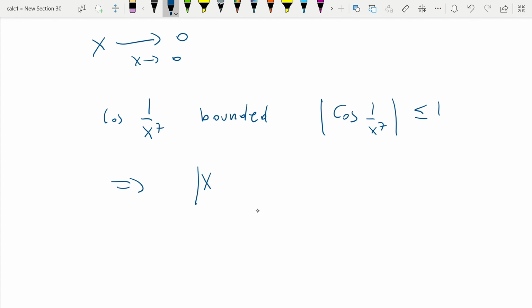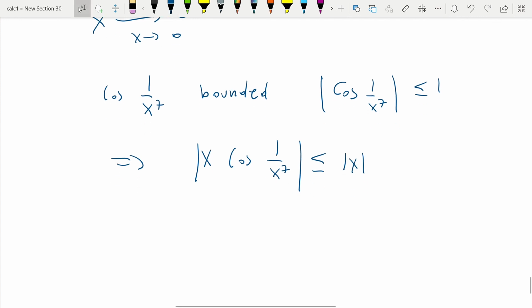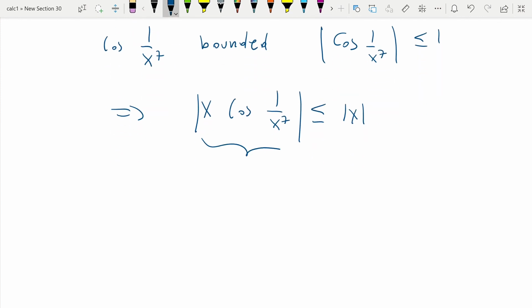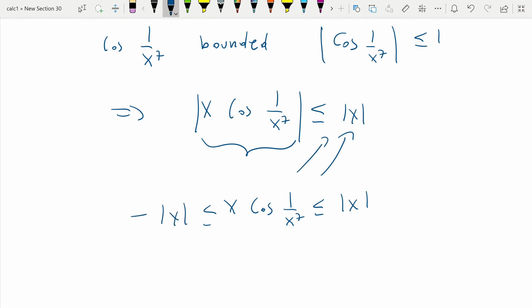It means that x times the cosine of 1 over x to the 7th is bounded from above by the absolute value of x. We copy this thing inside the absolute value, and this is less than or equal to what we have on the right, and it's bounded below by minus the expression on the right.